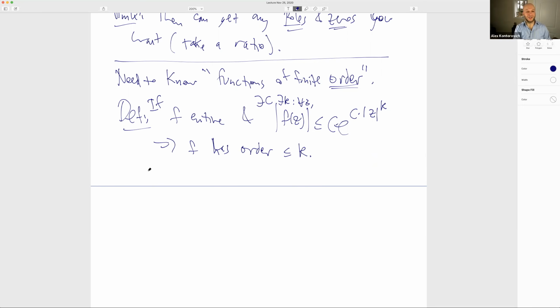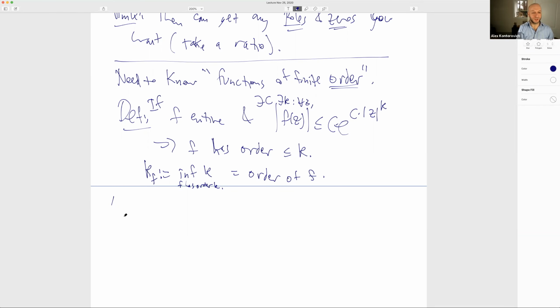And then k_f is the infimum over all k such that f has order at most k, and this is the order of f. Okay, so the least such upper bound.